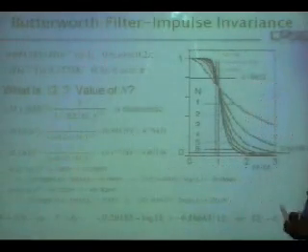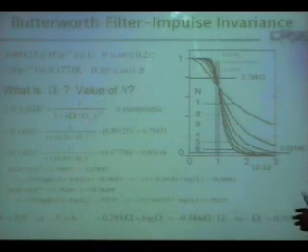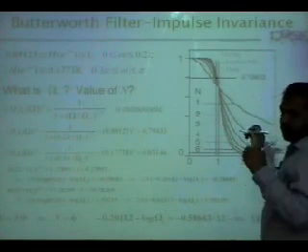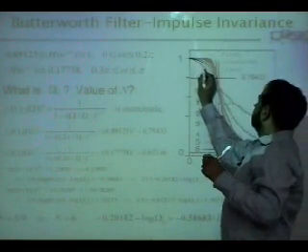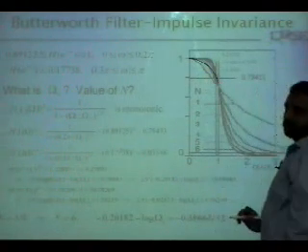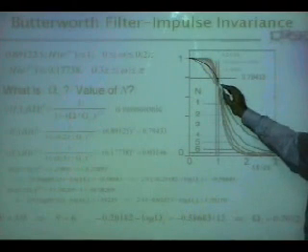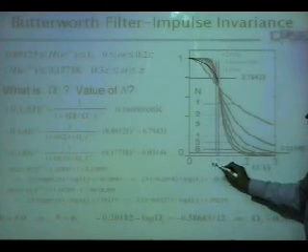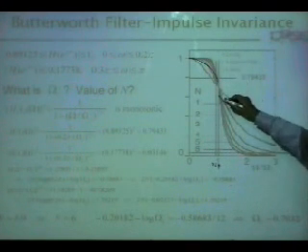In Butterworth it will be monotonically decreasing, and I also know the monotonically decreasing means that it will only pass through this point. If it starts, it will pass through this point. This is my limit. At omega p, it will pass through this point.